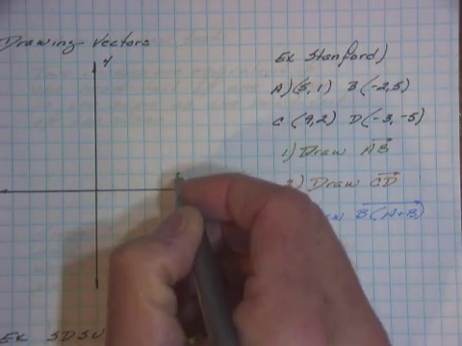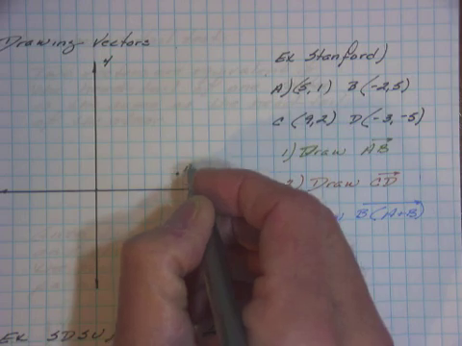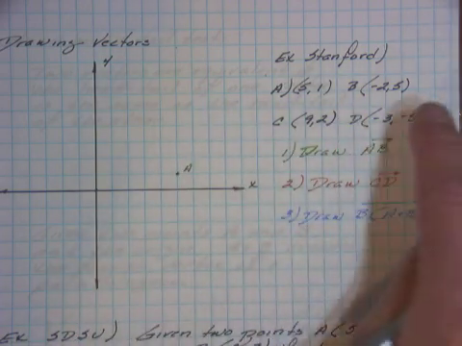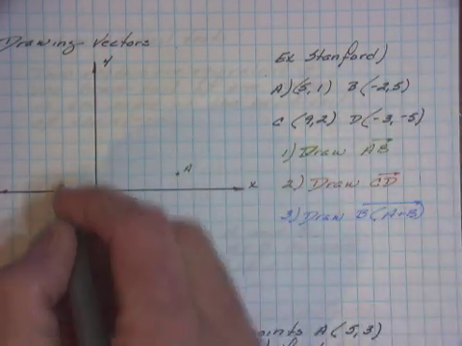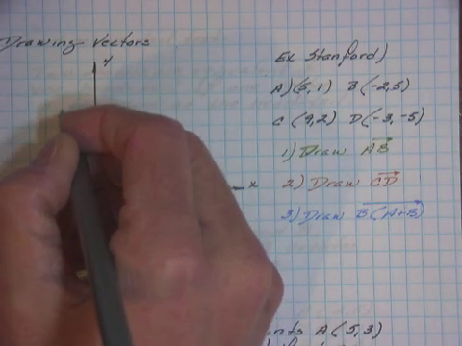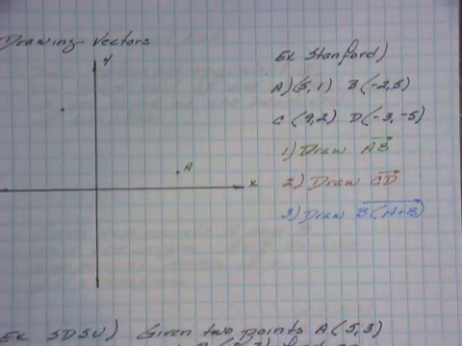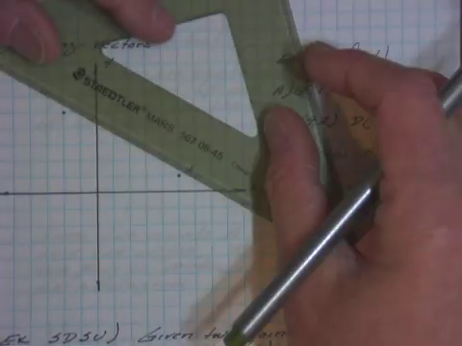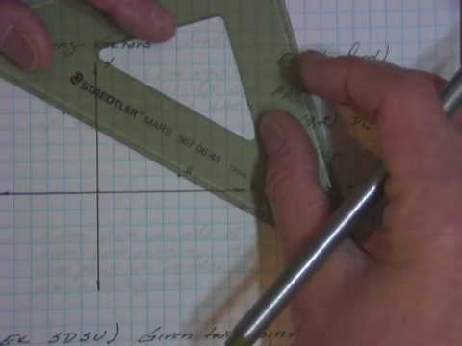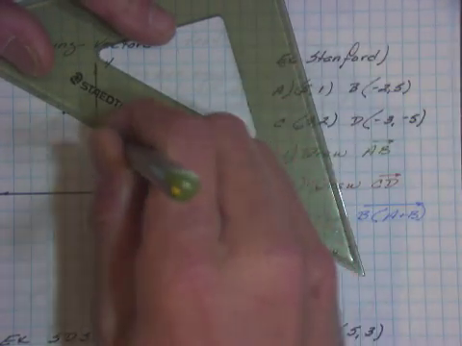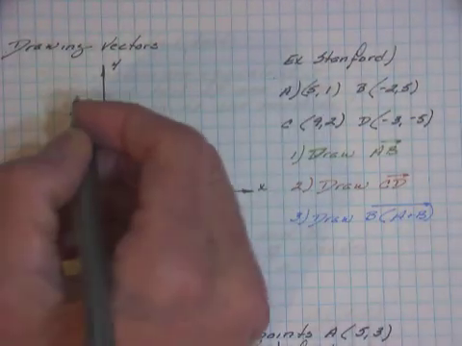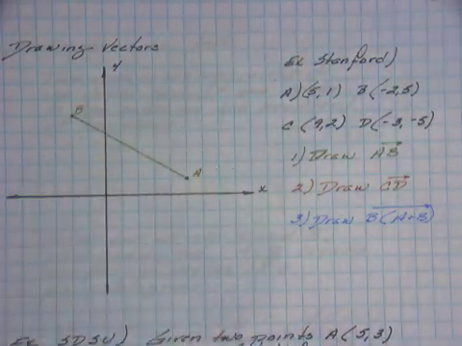And let's draw vector AB. All right, simple enough. Put point A at (5, 1). So there's point A. And B at (-2, 5). Grab your straight edge. Connect them.